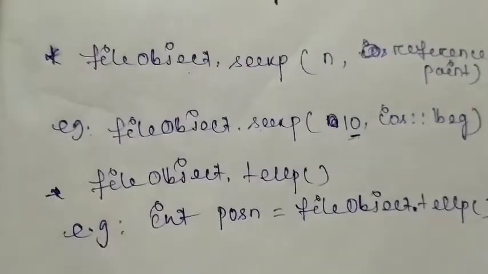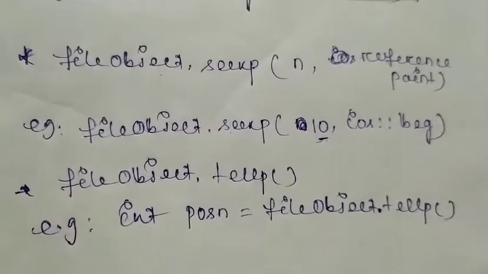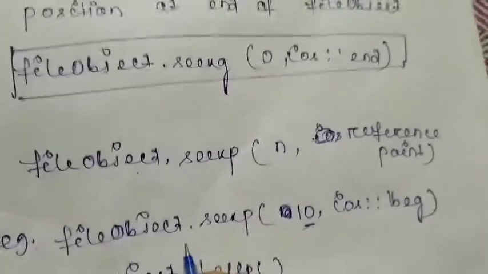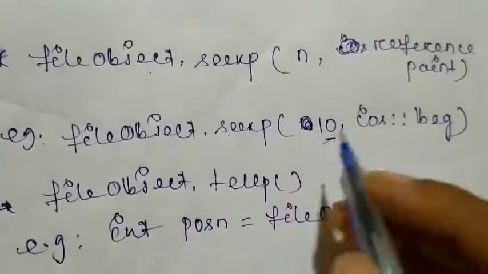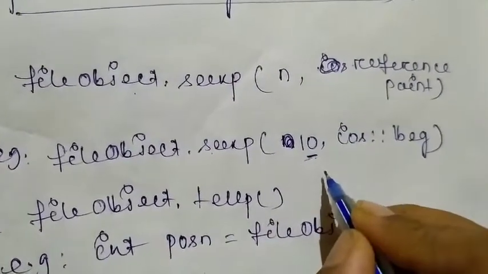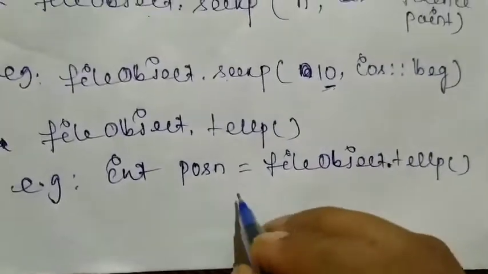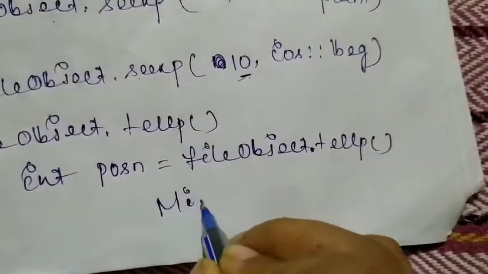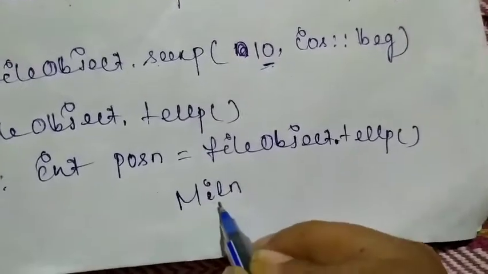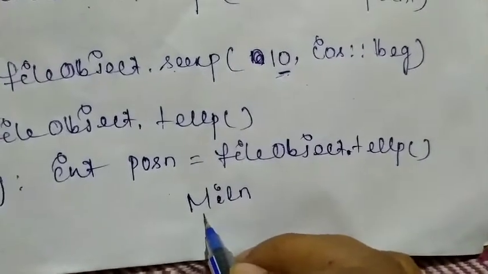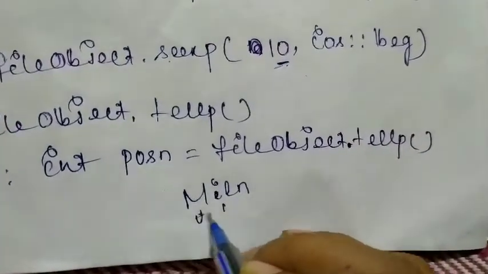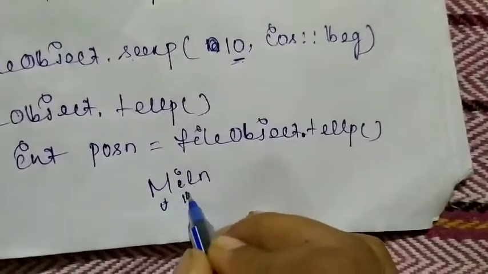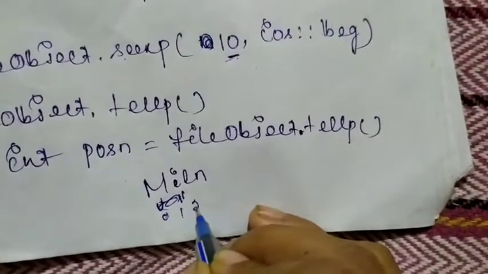Let's say we want to write some character, or enter some new character, in a file at a particular position. Let's say I have written MILAN, but I have written MILN. So the positions are 0 1 2 3.